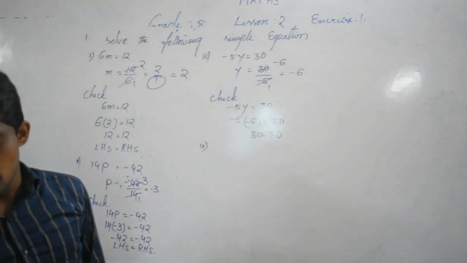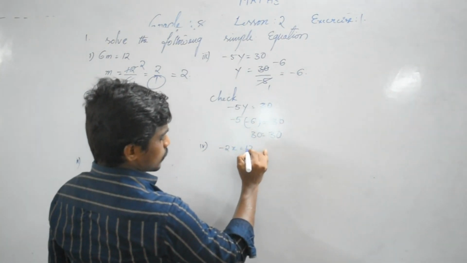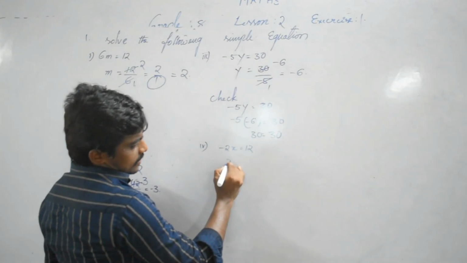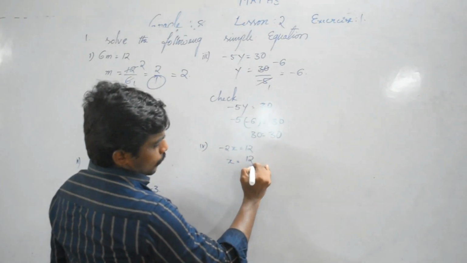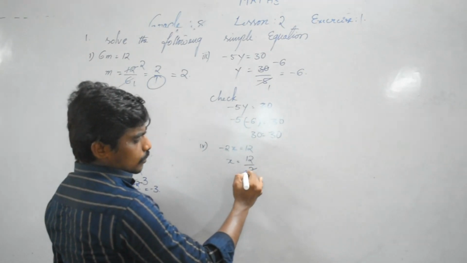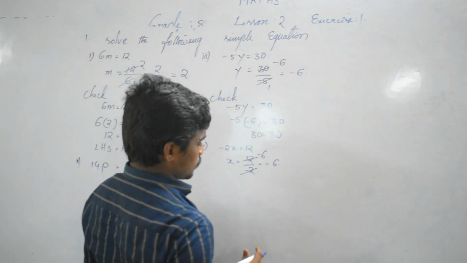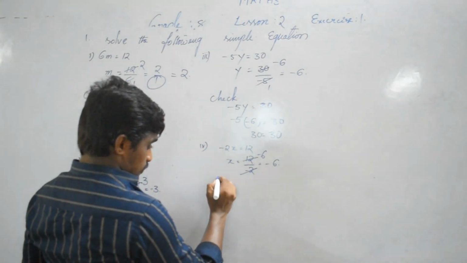Minus 2x is equal to 12. So x equal to 12 by minus 2. So 2 ones are 2, 2 sixes are 12. So minus 6. Here check once.